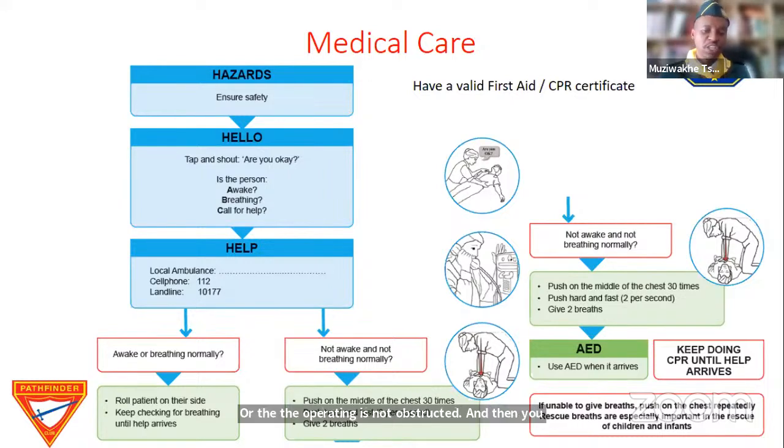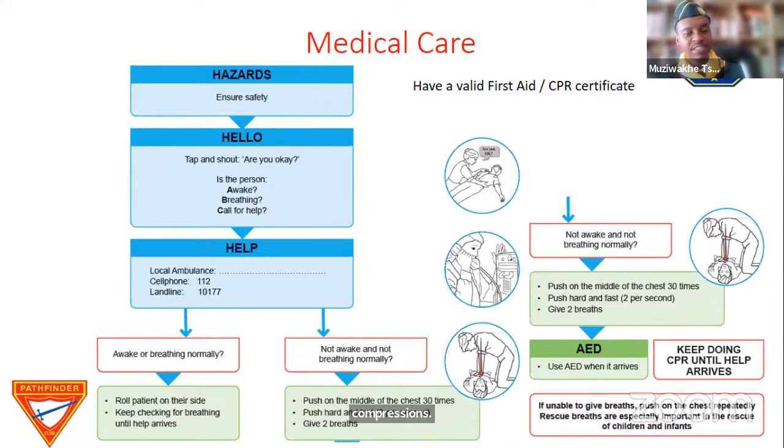And then you can push in the middle of the chest and you do 30 compressions. You push hard and fast. You do 2 pushes per second and you give 2 breaths, meaning that you do 30 compressions and you give 2 breaths, 30 compressions, 2 breaths.